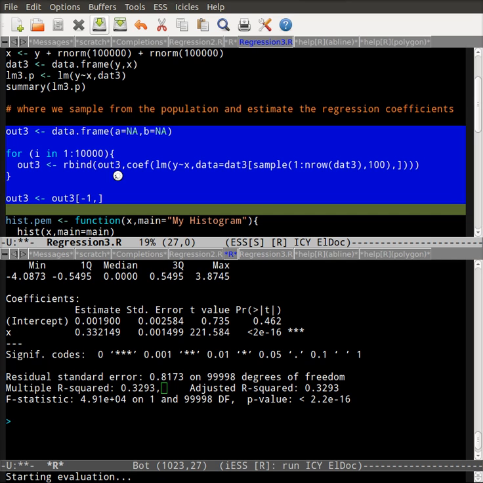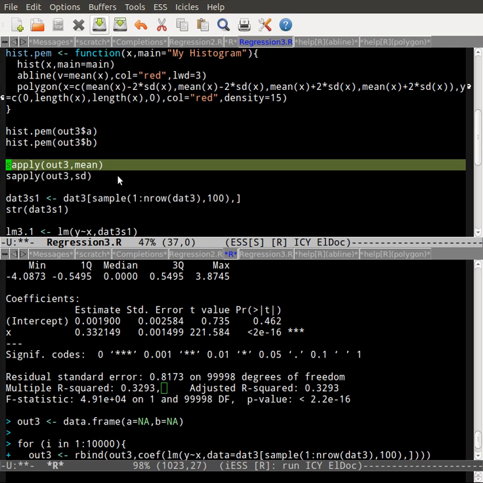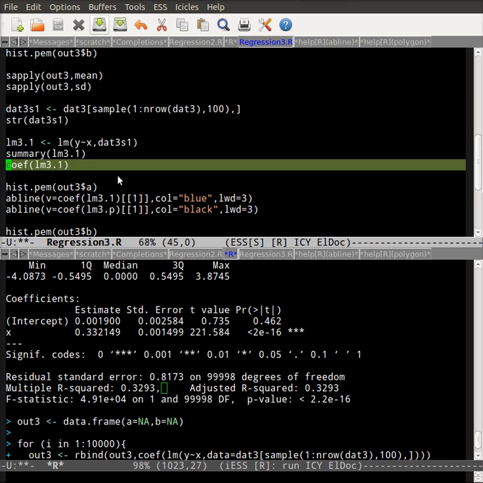Then we can compare one single sample, to see what happens with a single sample and how it stacks up with the true population estimate, as well as the estimated bootstrap sample.